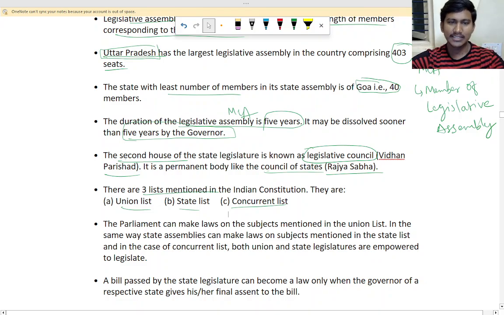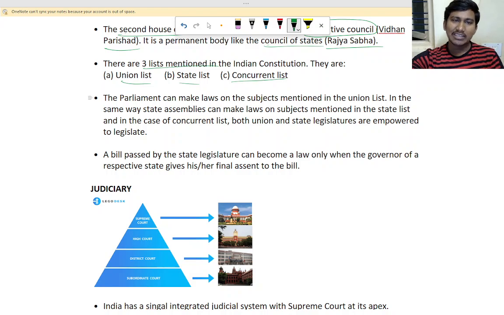Parliament can make laws on the subjects mentioned in the union list. In the same way, state assemblies can make laws on the subjects in the state list. In the case of the concurrent list, both state and union legislatures are empowered to legislate.